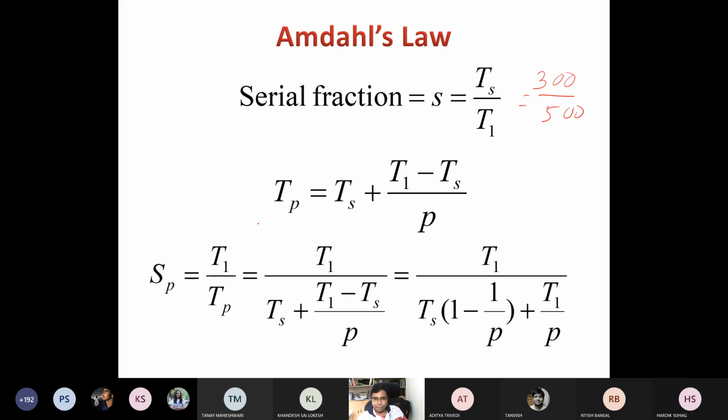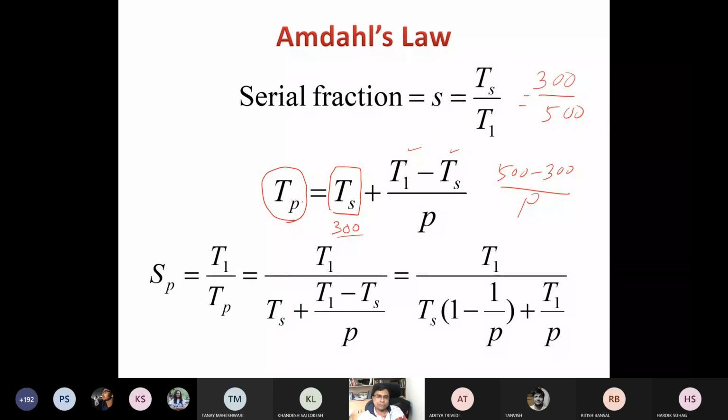And TP is equal to total execution time on P processors. It will be this serial part, 300, plus T1 minus TS, that is 500 minus 300, by P. So only this 200 we are dividing among processors, but this 300 is still there for every processor.